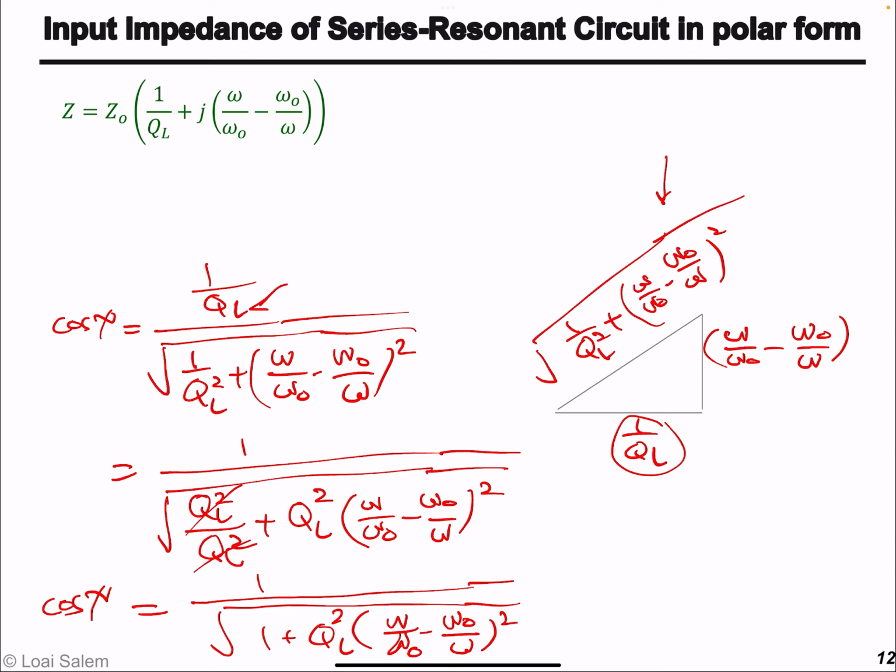Now, if we look at this impedance expression and try to graph it. So first of all, let's look at the magnitude of Z, the impedance, versus the normalized frequency. So let's put this as f over f naught.